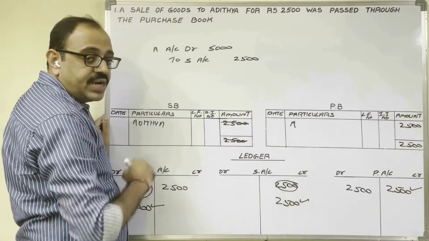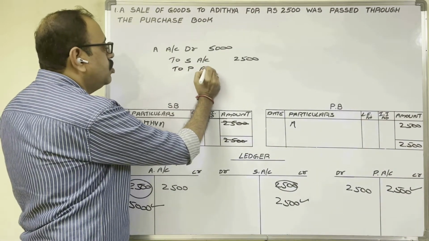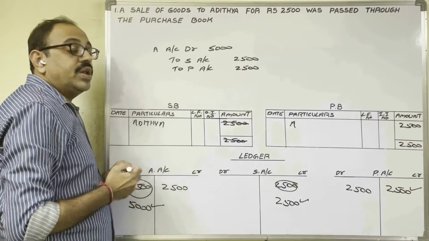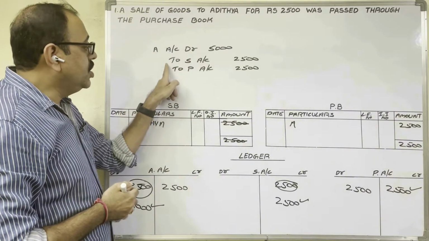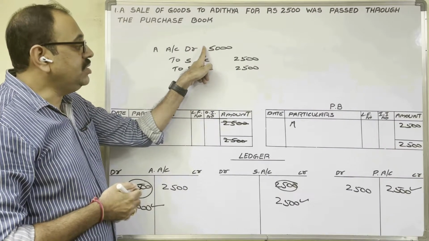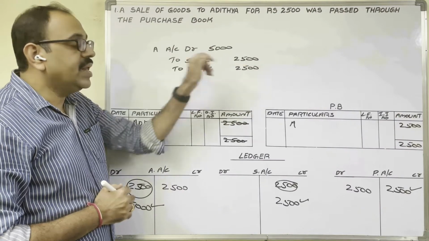Credit side 2,500 answer came. Therefore, purchases account should be credited with 2,500. So, rectification of error entry is Aditya account debtor, to sales account, to purchases account. 5,000 in debit column, 2,500, 2,500 in credit column.